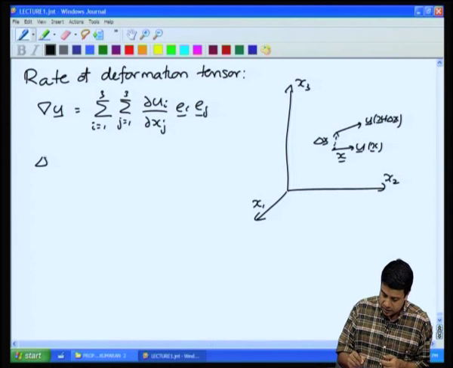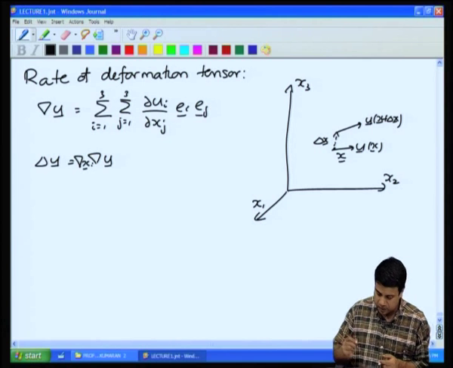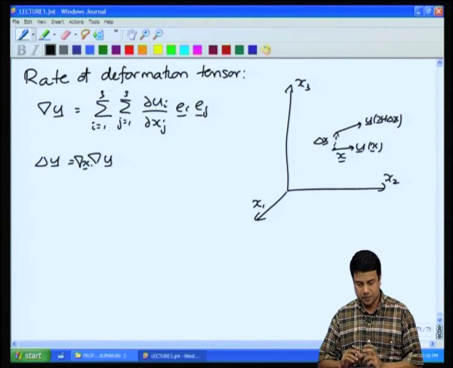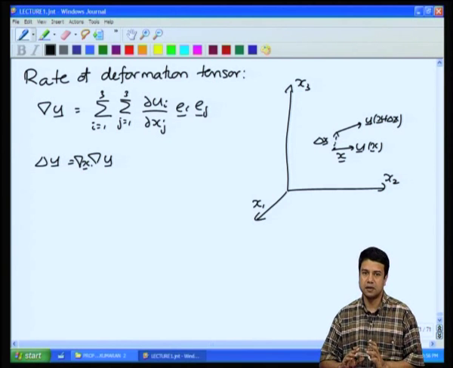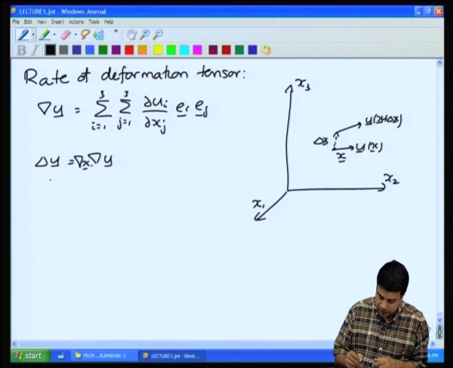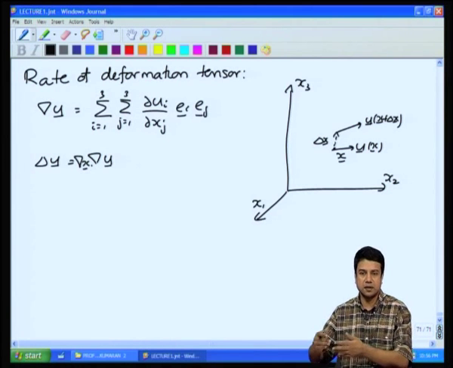The difference in velocity delta u is equal to delta x dotted with grad u. So basically the dot product is between the displacement vector and the gradient, the rate of deformation tensor. This gives you the rate at which positions are moving relative to each other as the fluid flows.